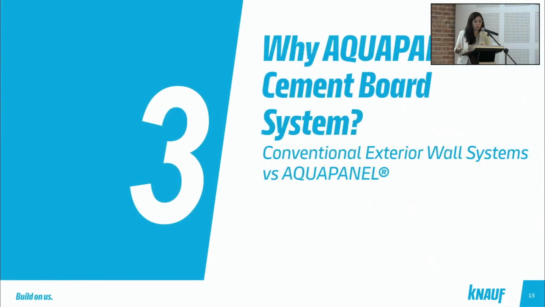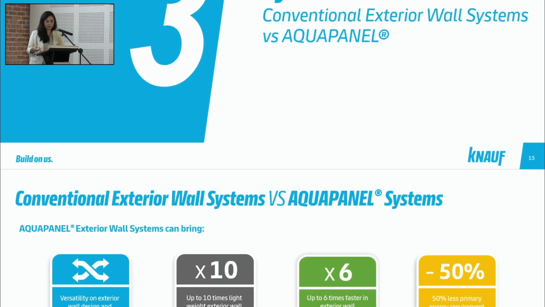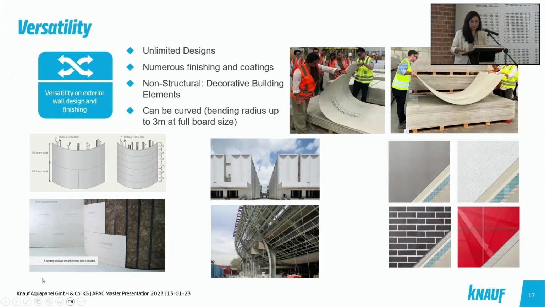Okay, let's understand why Aquapanel versus the conventional exterior wall system. These are the benefits that you get. Let me go through them one by one. As I mentioned, there is versatility.